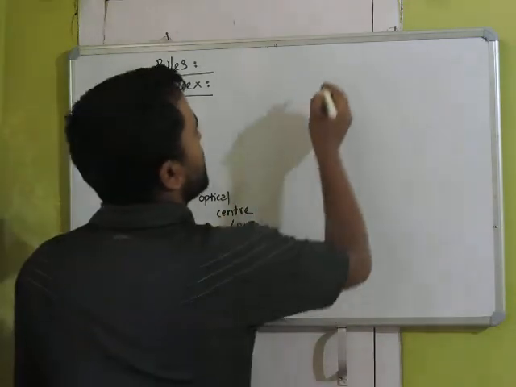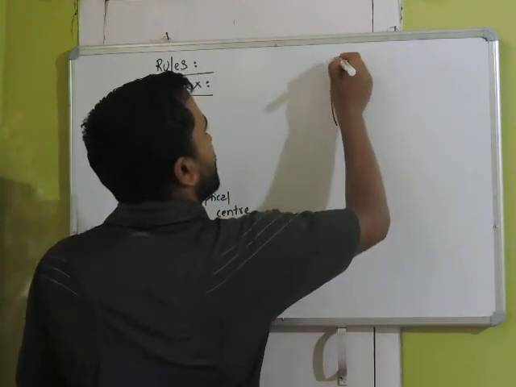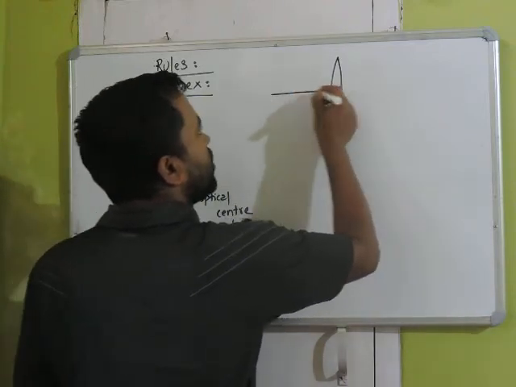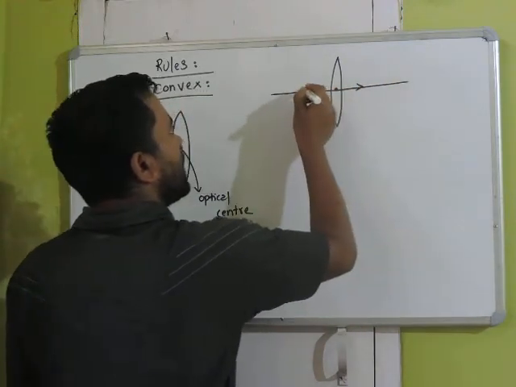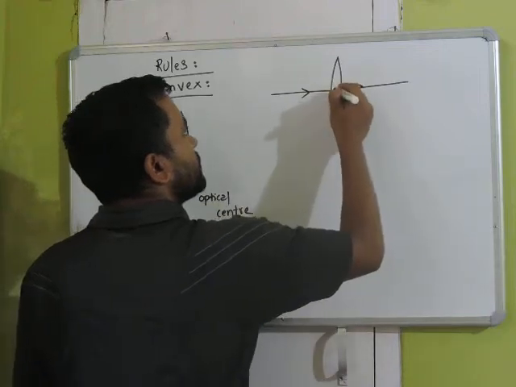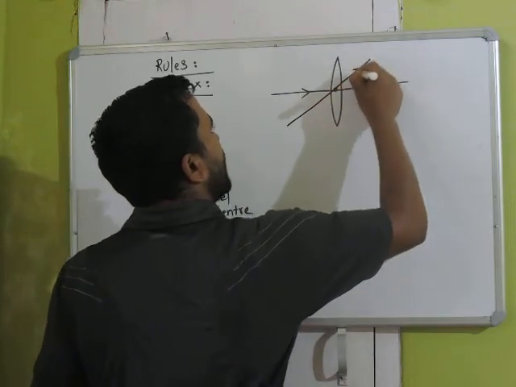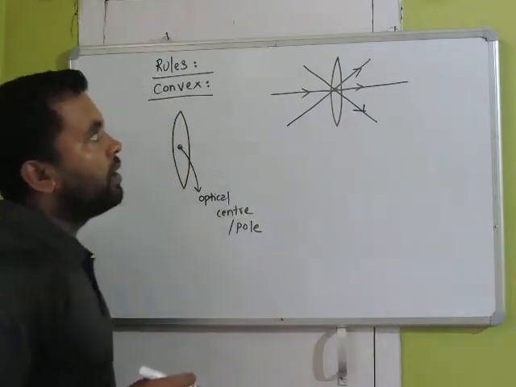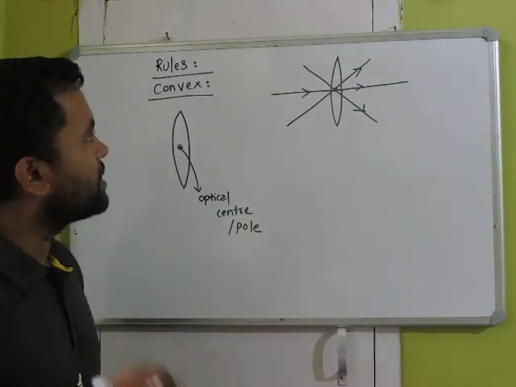Now the first rule is, if you have a lens, any ray passing through the optical center goes undeviated. Any ray which goes through the optical center will go undeviated. This is the first rule.